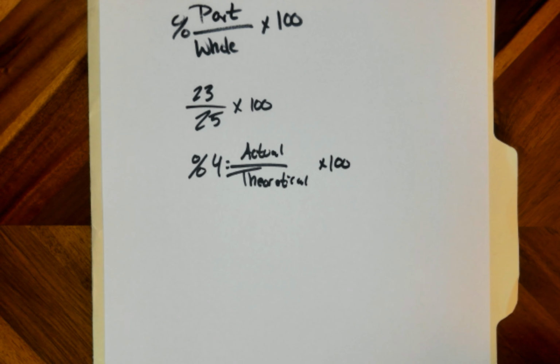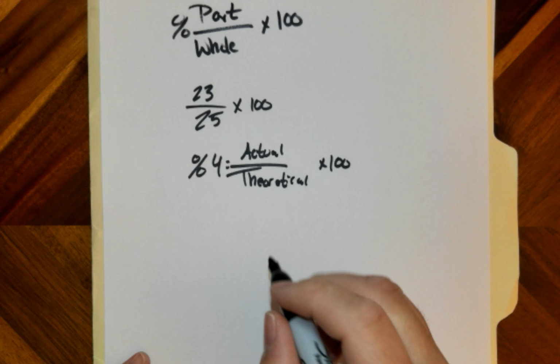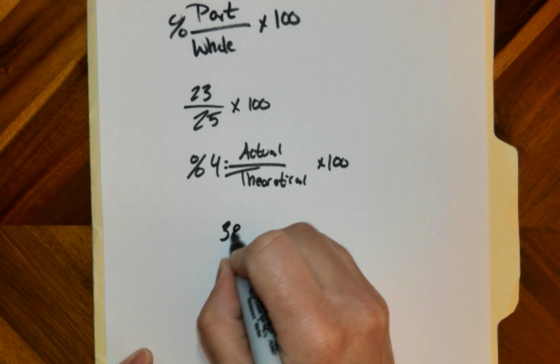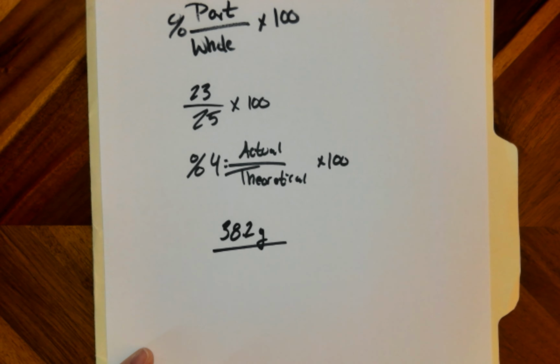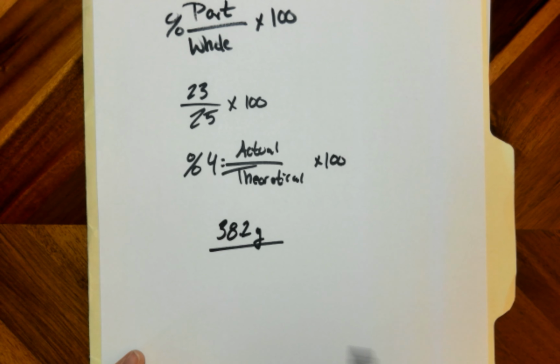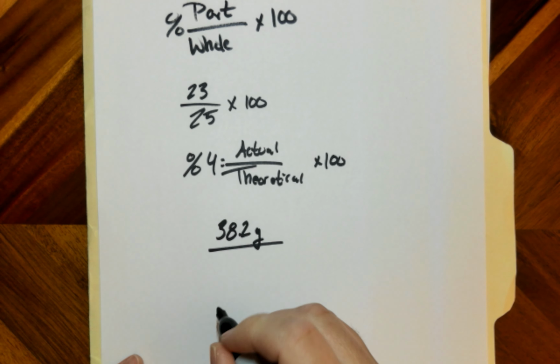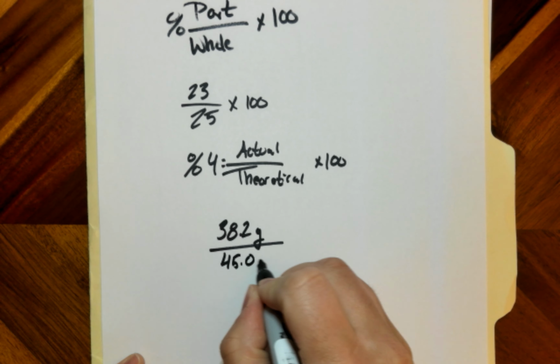So in this case, question 1a asks what fraction of the theoretical yield did the student actually collect? And the way that we're thinking about that is, well, we only got 38.2 grams out of our total ideal 45.0 grams.